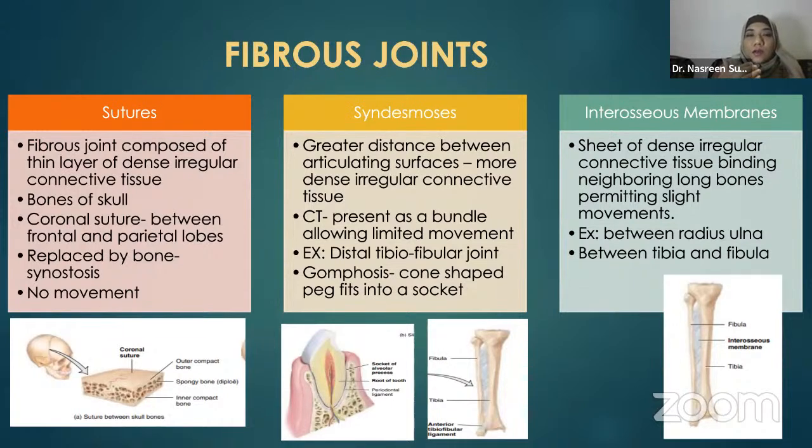As the human body grows from childhood to adulthood, the sutures develop. For example, the coronal suture, which is present between the frontal bone and parietal bones.